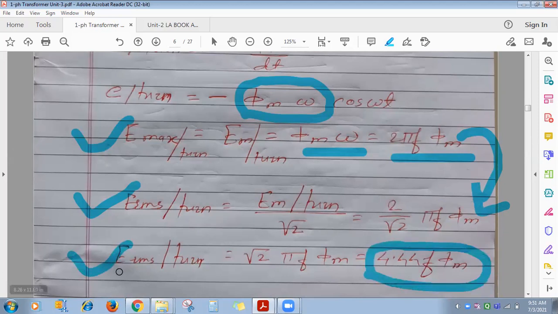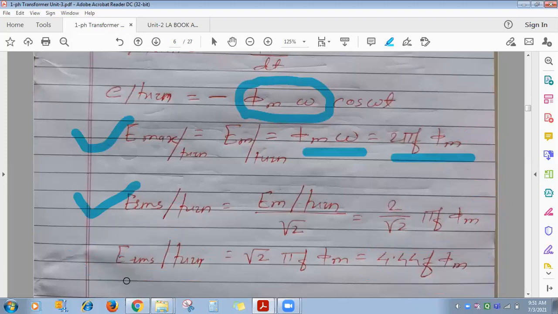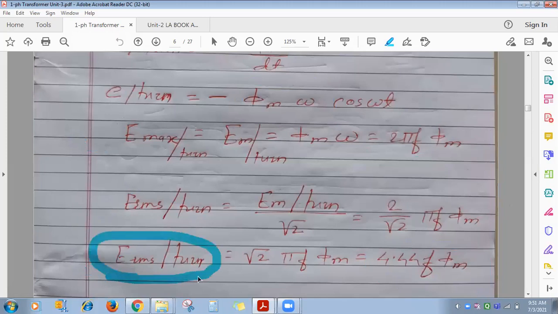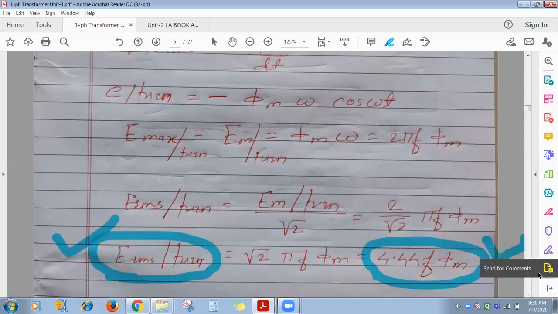Now this is the EMF induced per turn. How many turns are there on primary? N1. So if this much EMF is induced per turn, how much will get induced in N1 number of turns?